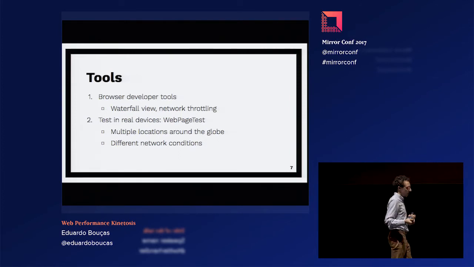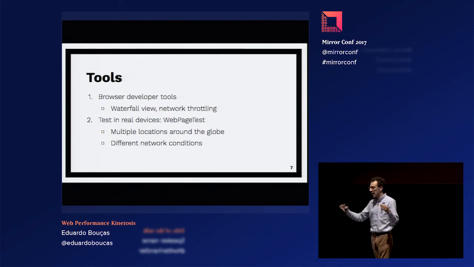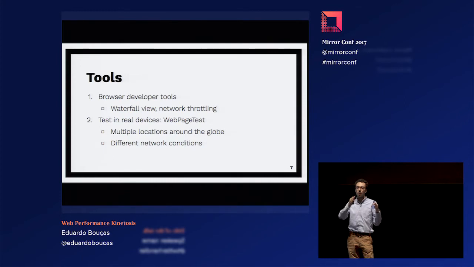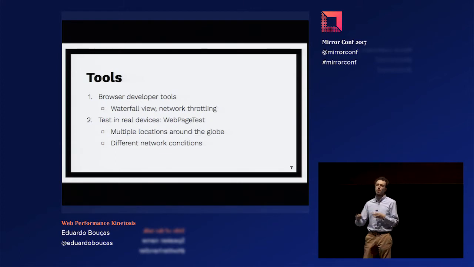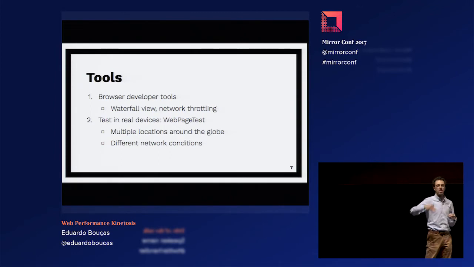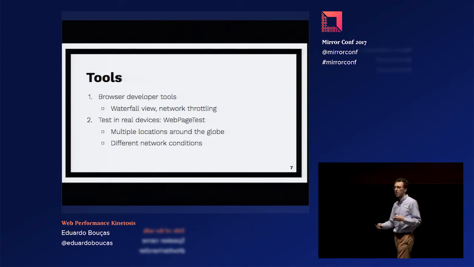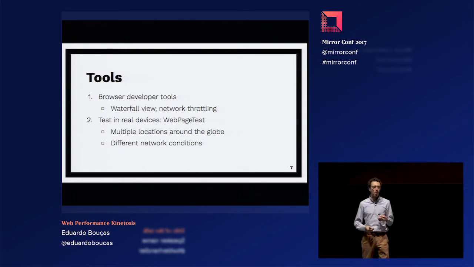One of them is the waterfall view, which allows you to dissect the life cycle of all the requests that are going on. So you can identify things like expensive JavaScript computations, for example, that you can perhaps tweak or do in a different way, or render blocking requests that are slowing everything down.